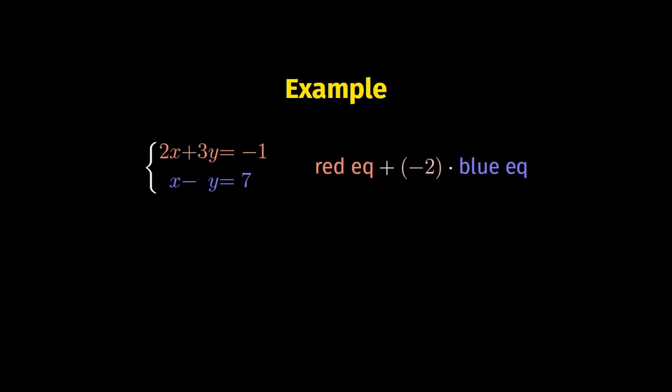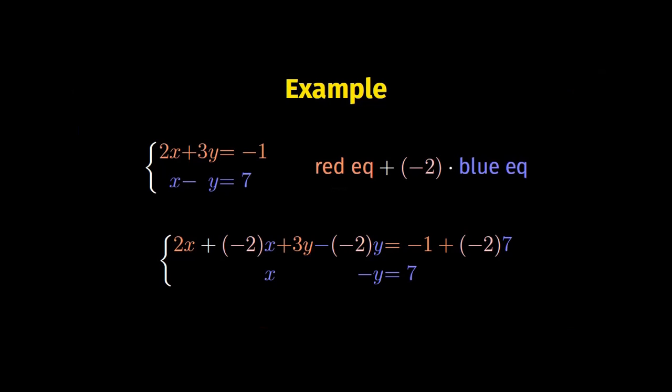We apply the previous rule by doing red equation plus minus 2 times blue equation. And we replace the red equation with the result of the last operation. Then we are simply copying the blue equation at the bottom of the system. We are not touching it.